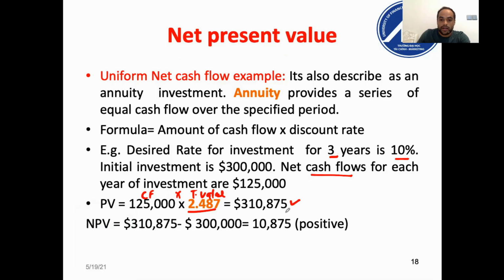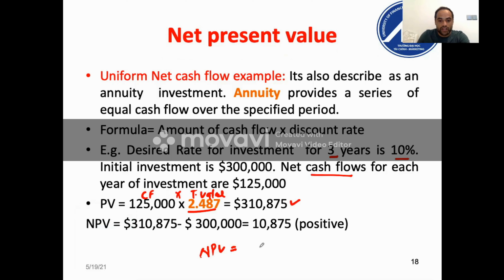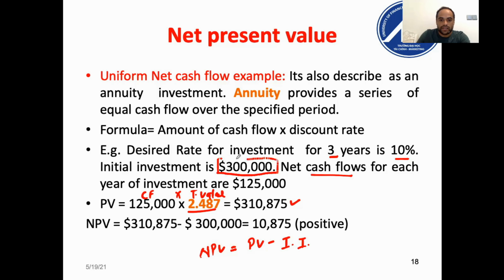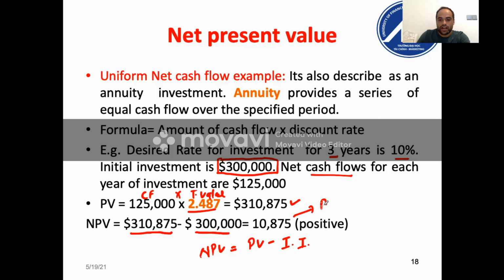So that's your present value. And the formula to calculate net present value is present value minus initial investment. So initial investment is 300,000, right? And present value is 310. So present value minus initial investment. So this is your answer, which is 10,875.